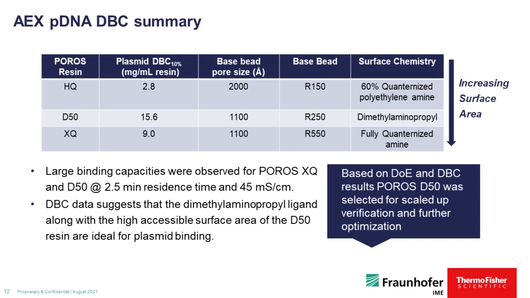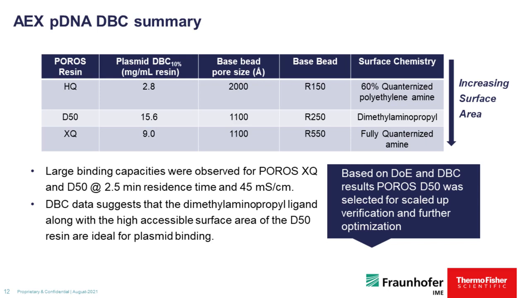And this is really interesting to us because, as I mentioned previously, there is a difference in the bead size as well as the pore size of each of the resins. As you increase the bead size, so 150 to 550, there should be an increase in the surface area. And actually what we found was D50 had the highest binding capacity.